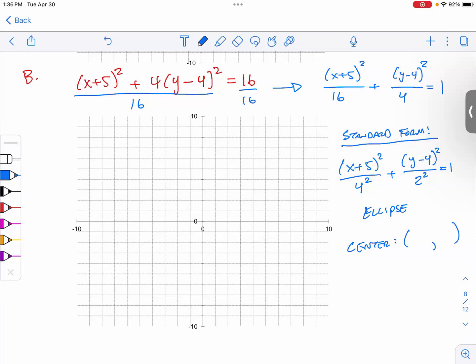And again, this is clearly an ellipse. We got this into perfect standard form with center where? -4.